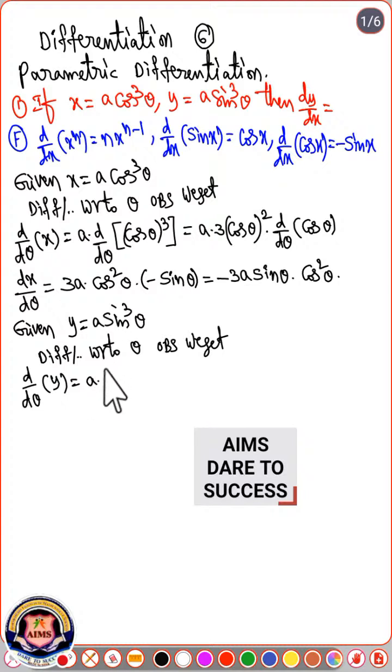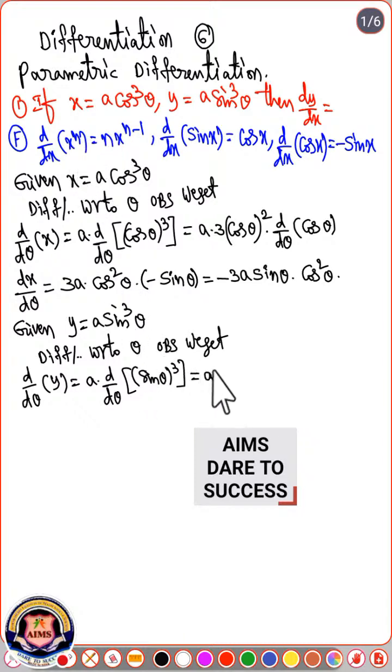So write outside a into d by d theta of sin cube theta, which can be written as sin theta whole cube. This is in the form of x power n, where n is 3 and x is sin theta.